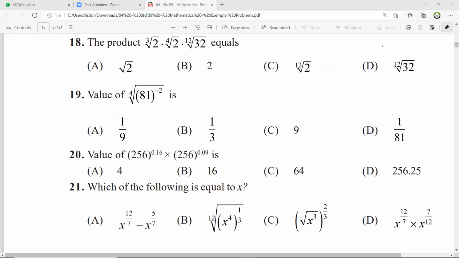Ma'am, I think it's D. Mridula is saying it's D. No, it's not D.